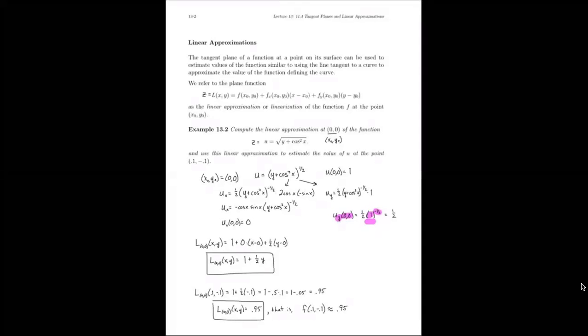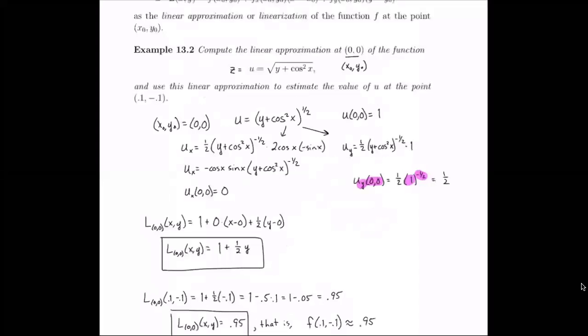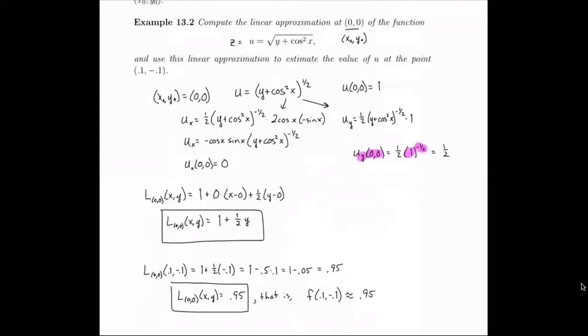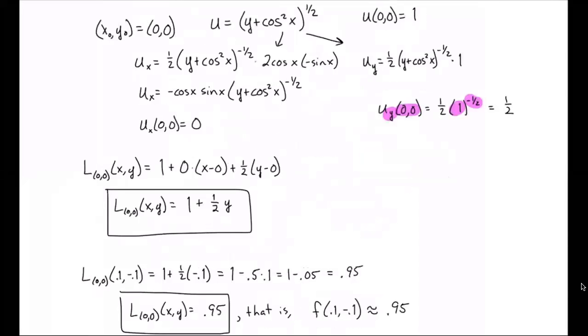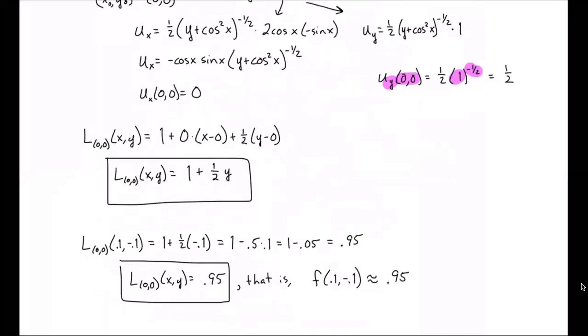And once we have our values for u sub x and u sub y at (0, 0), those being 0 and 1/2 respectively, as we've seen above, we can plug those into the expression for L of x, y. And I've marked that this linear approximation is for the plane tangent to the curve at the point (0, 0).